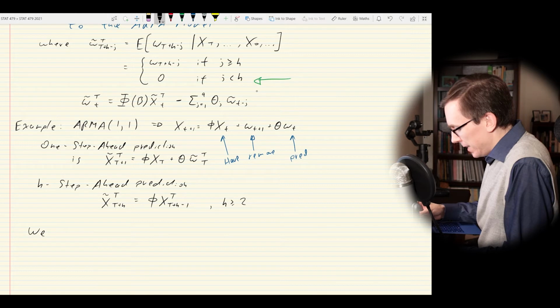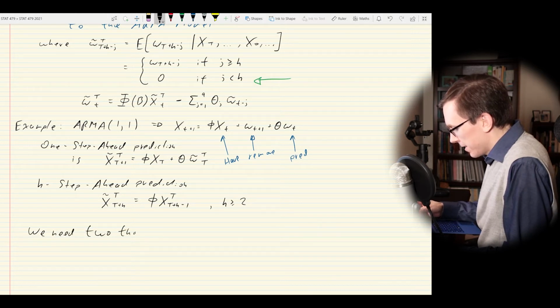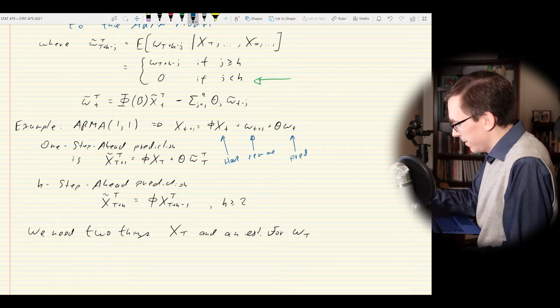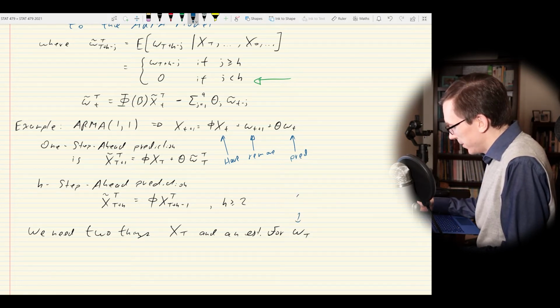Basically, we need two things, which is xt and an estimate for wt, which is this w tilde t|t.